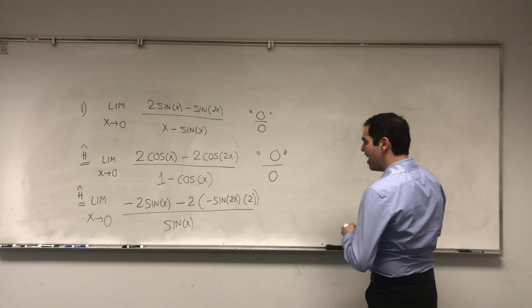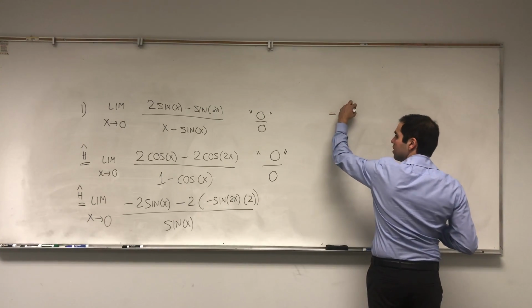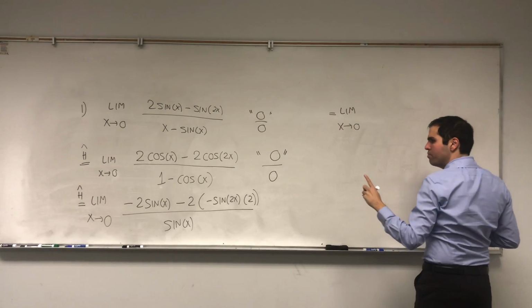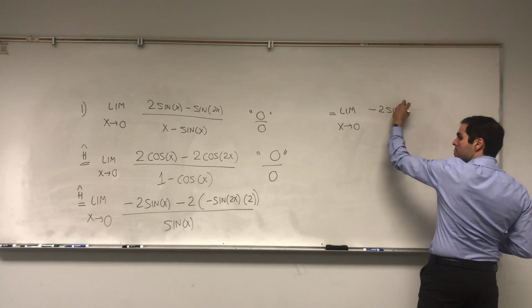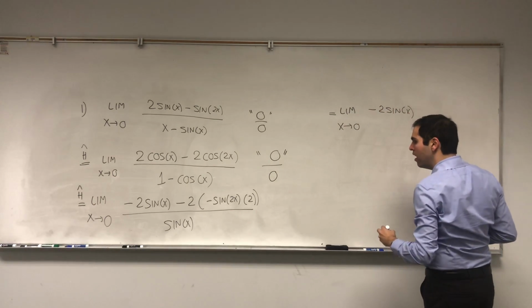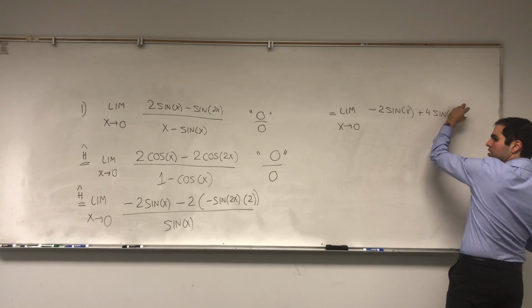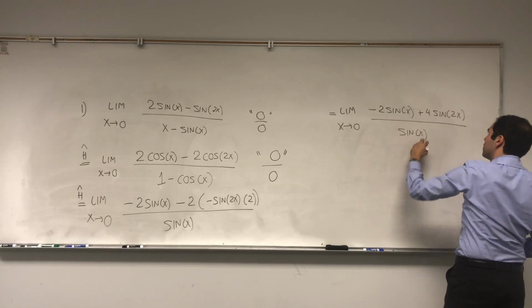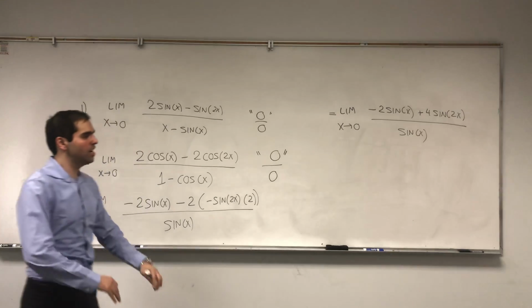Okay, and then, so what we have, we then just get the limit as x goes to 0 of minus sine of x, minus 2 sine of x, plus 4 sine of 2x, divided by sine of x. And then there are many ways of figuring this out.